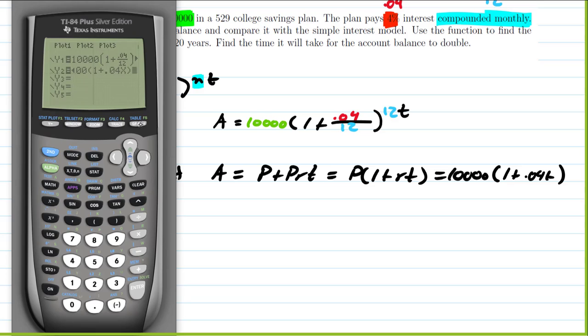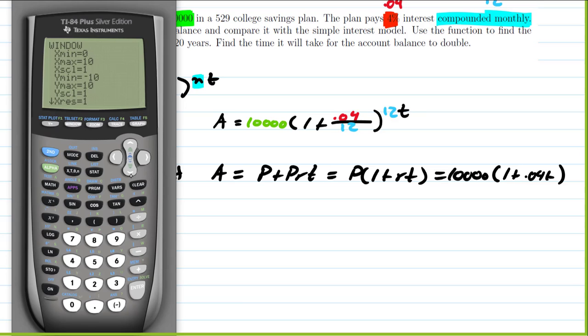We press graph, and we don't see anything because our graph is on the interval -10 to 10 and -10 to 10, and we're starting at 10,000, so we're definitely going to need to adjust our window.